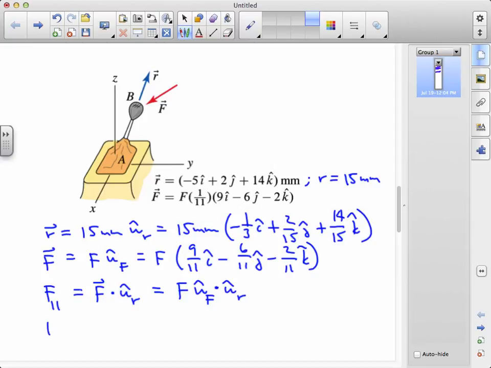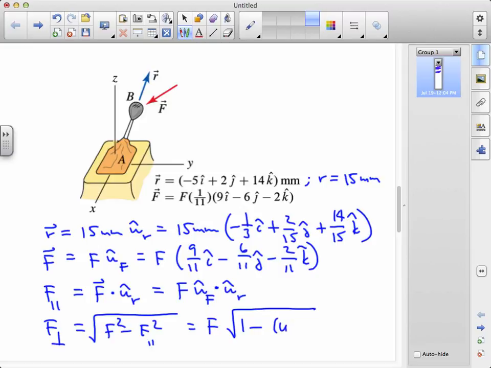Our perpendicular component we would get after the fact as the square root of the difference between F squared and F parallel squared. And we have F parallel squared in terms of F, so we can bring that common magnitude out, and then what we have is the square root of 1 minus quantity UF dot UR squared.